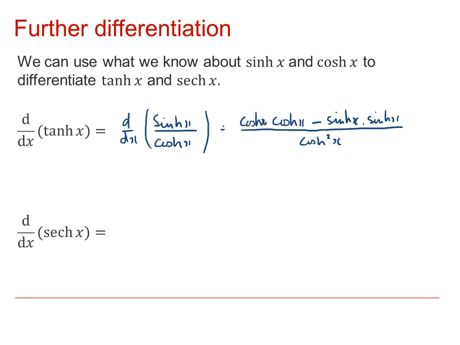Now on the top line we've got cosh squared x minus sinh squared x, and cosh squared minus sinh squared is equal to 1. So this is the same as 1 over cosh squared x, which of course is equal to sech squared x. So this all becomes sech squared of x.